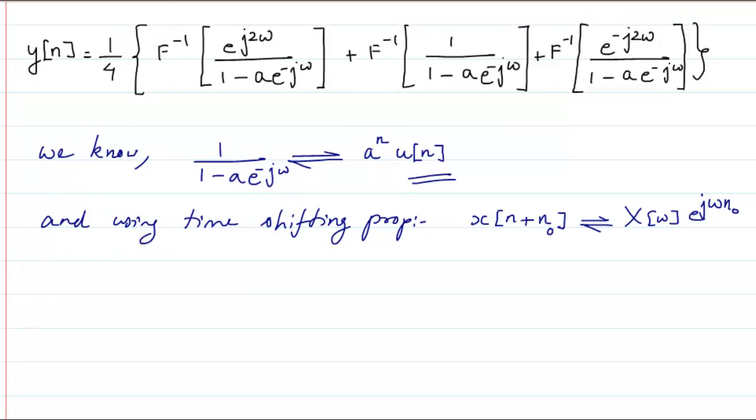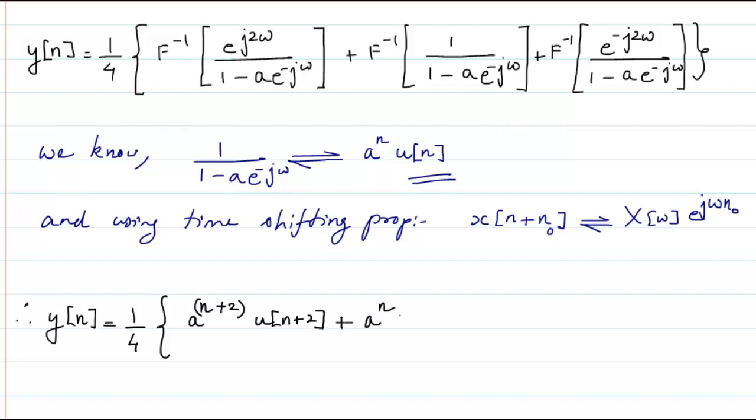Therefore, y of n is 1 by 4 times the following. Using the property of a raised to power n, and since this is plus 2 omega, I will write a raised to power n plus 2 u of n plus 2.